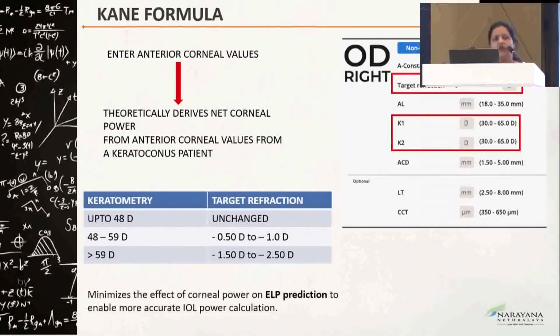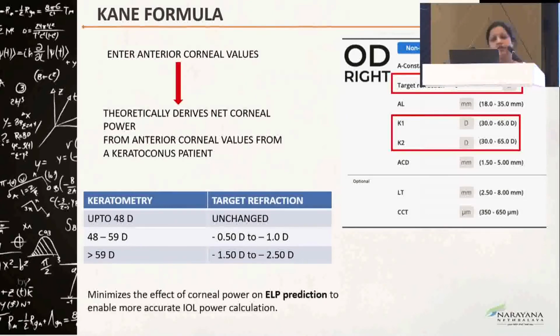We have to enter the anterior corneal values and it theoretically derives the net corneal power. This can be got from IOLformulae.com, and K1 and K2 up to 65 diopters can be entered in the Kane formula, whereas in Barrett True-K it is up to 60 diopters.